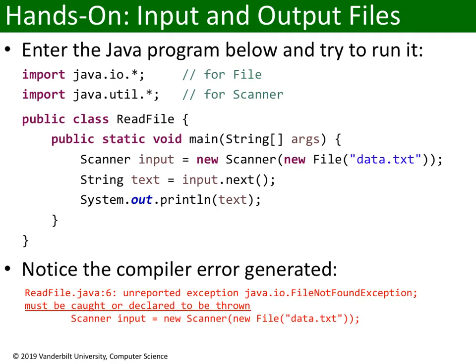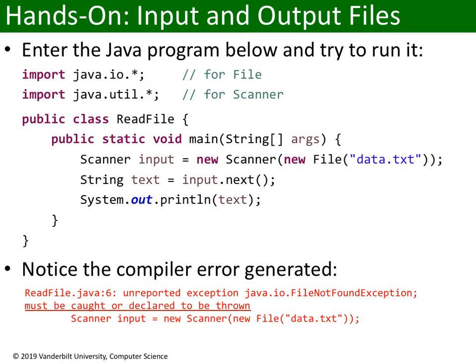So what's happening is when this scanner constructor detects that this file doesn't exist, that generates a runtime error. But rather than just crashing the program, this scanner object constructor method will catch the runtime error and then throw it up to the function that called the method, which happens to be our main.